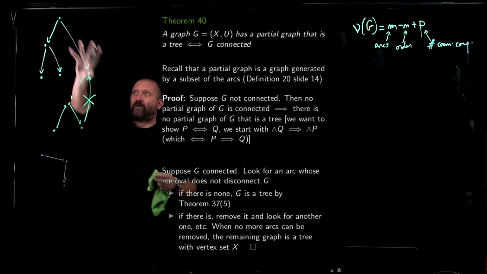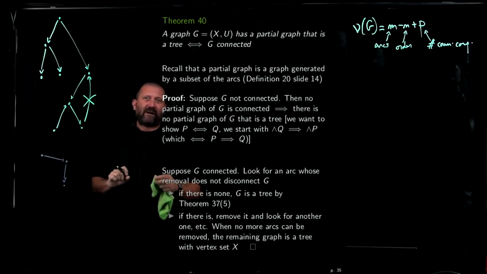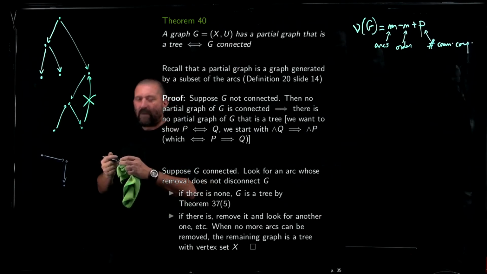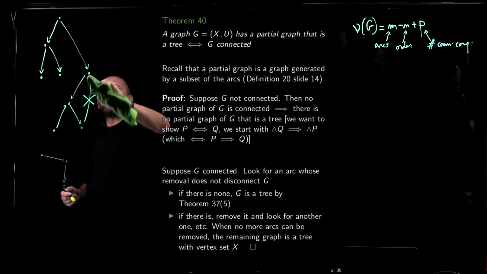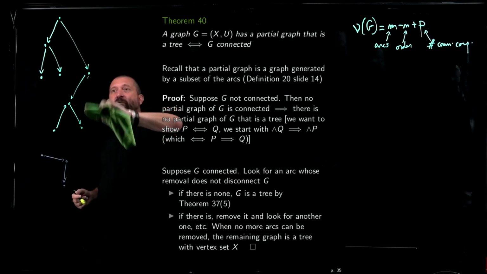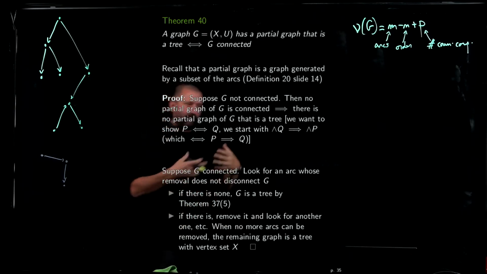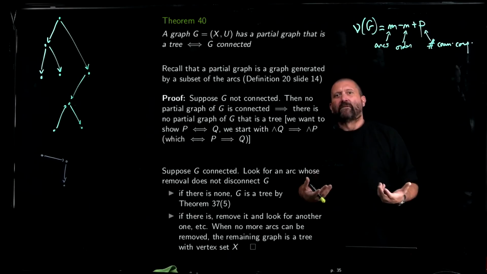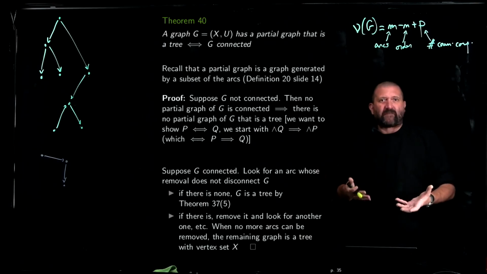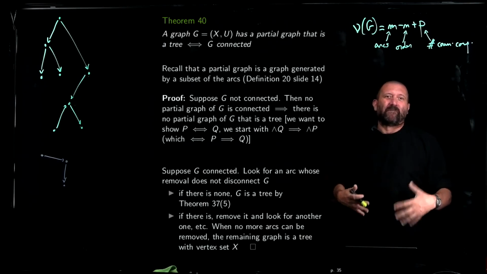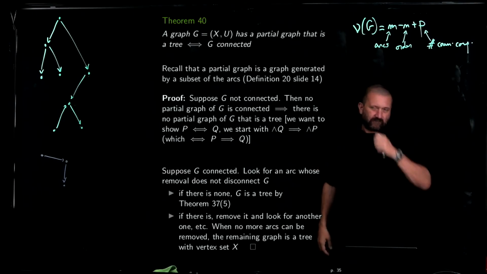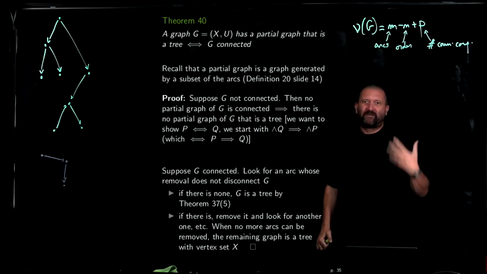The graph that I get when I get rid of this arrow in particular, or any arrow, is a partial graph, and that partial graph is a tree. So being able to find a partial graph that is a tree is equivalent to saying that the graph is itself connected. If I have a connected graph, I can make a tree from that graph. This is essentially the way that it's typically used, but you can think about things both ways.